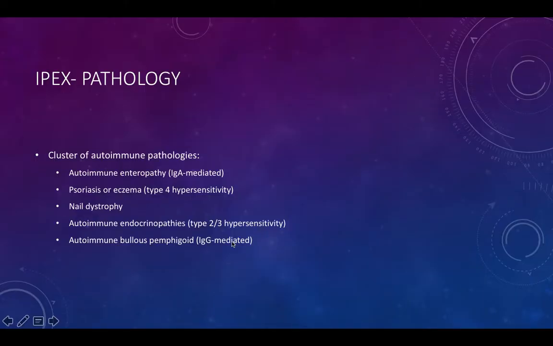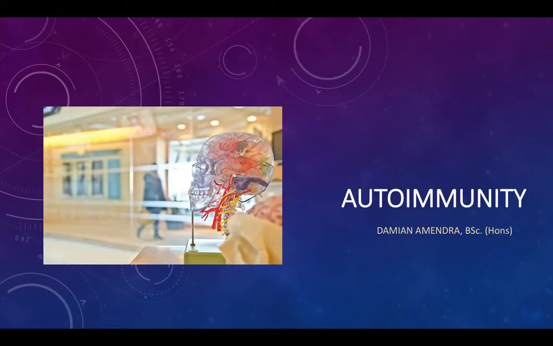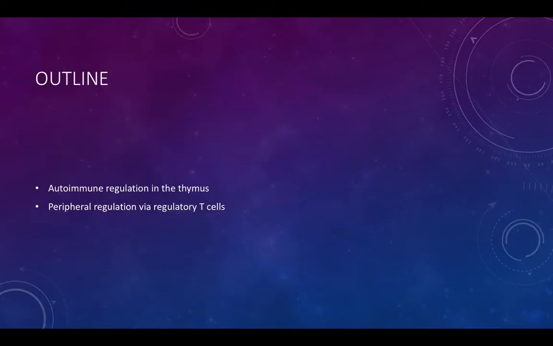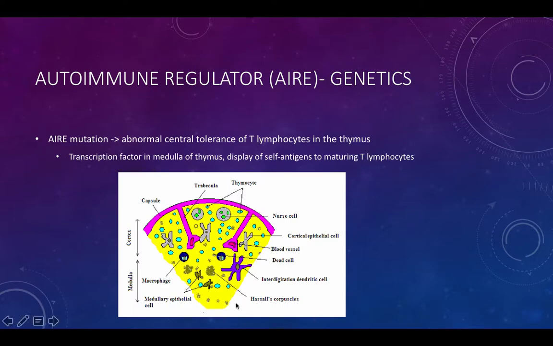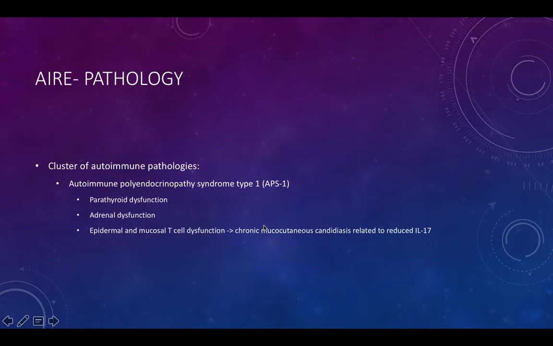So if I can now bring this to a close and focus on the overall concepts, we're talking about autoimmunity. We're talking about monogenic disorders of autoimmunity. We're talking first centrally, where the thymic schooling of T lymphocytes is affected, leading to endocrine dysfunction and chronic mucocutaneous candidiasis.